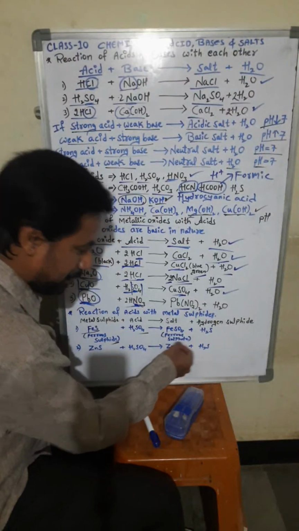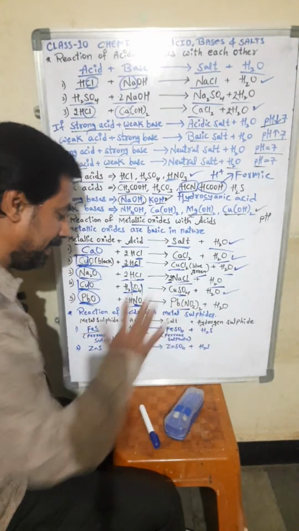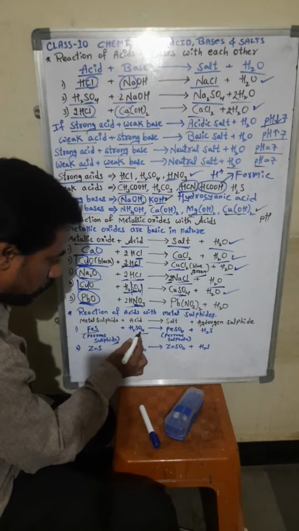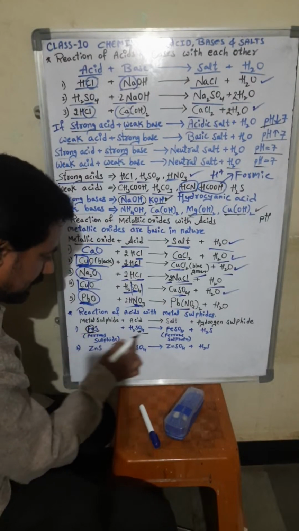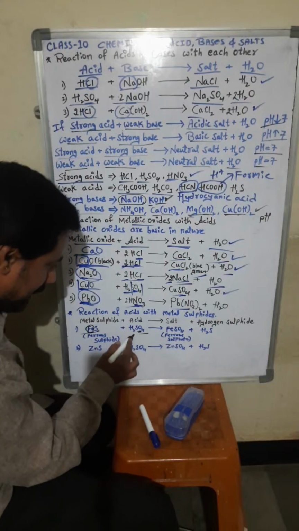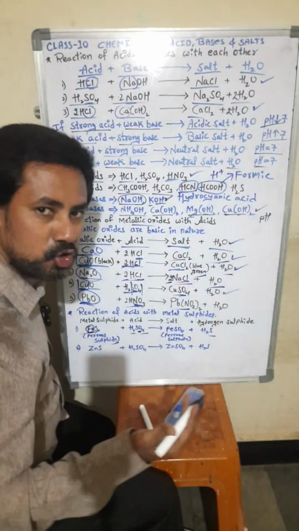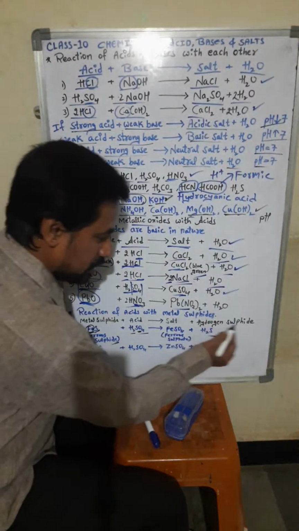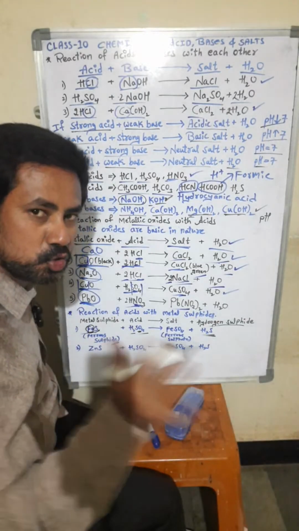Sulfate. Sulfide, sulfate. This SO4 will combine with iron, Fe, giving ferrous sulfate. And H2 and S combine to form H2S, hydrogen sulfide. The formula of hydrogen sulfide is H2S.